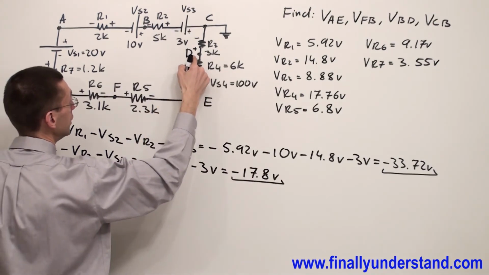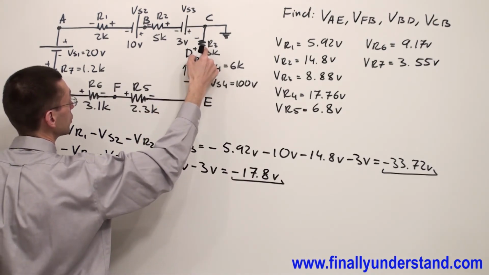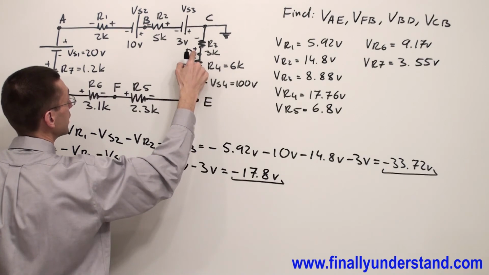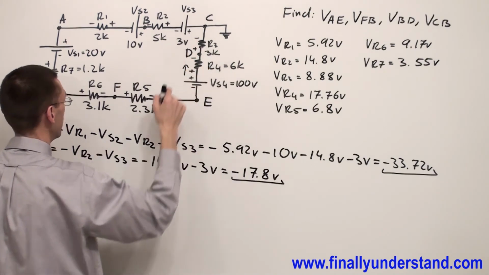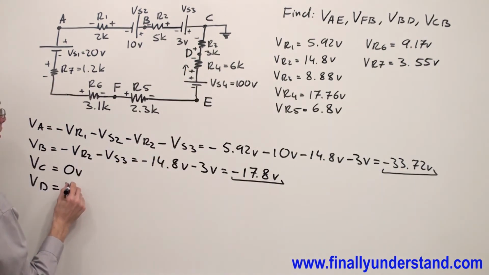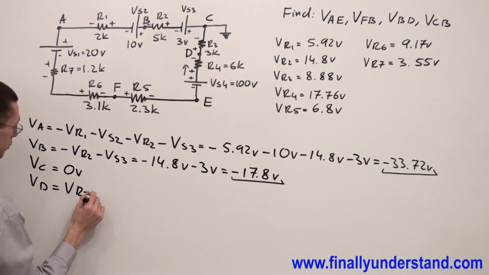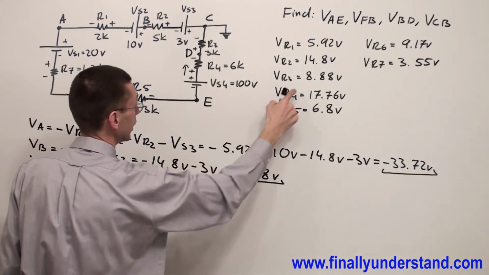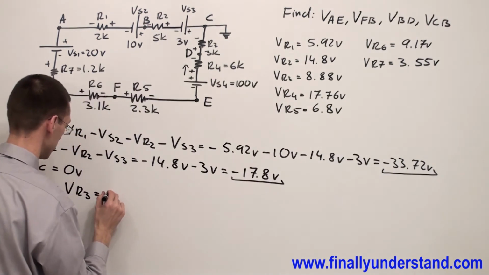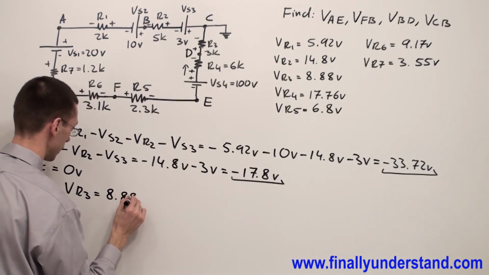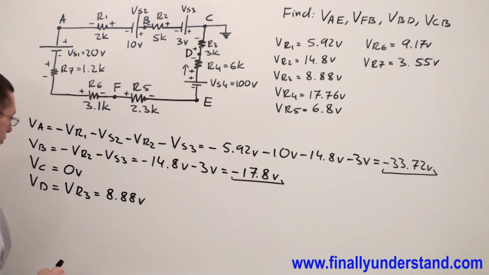So VD is nothing else but the voltage across resistor R3. I have a positive sign first, that's why the voltage is going to be positive. VR3 is equal to 8.88 volts.